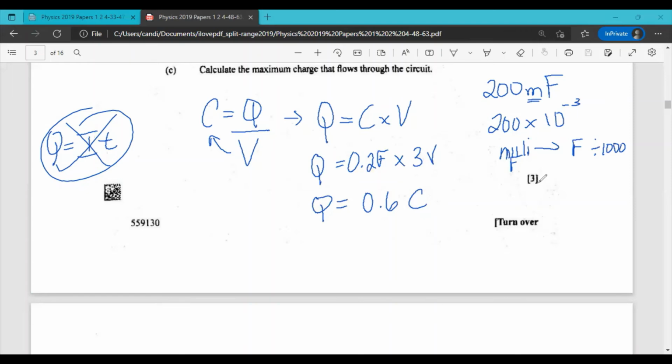We get a point for rearranging and converting, and a point for our substitution and our simplification.